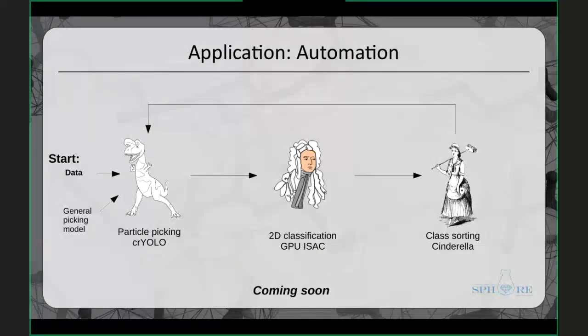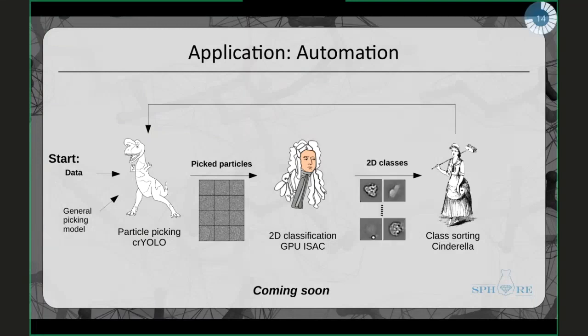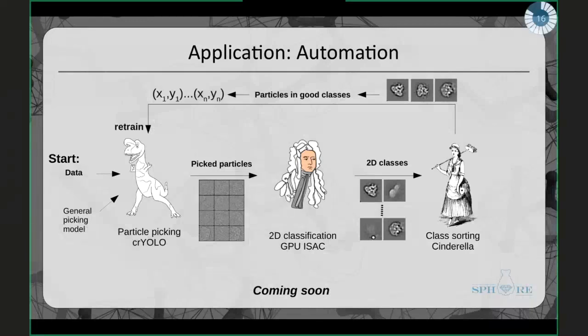You start with crYOLO, it picks some particles, and our 2D classification tool ISAC will find a stable set of 2D classes, and Cinderella will then select those good classes, extract the coordinates, and these coordinates are then used to retrain crYOLO. And this is working very good for many cases.